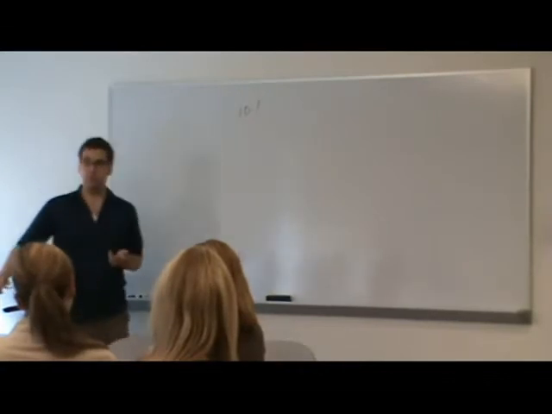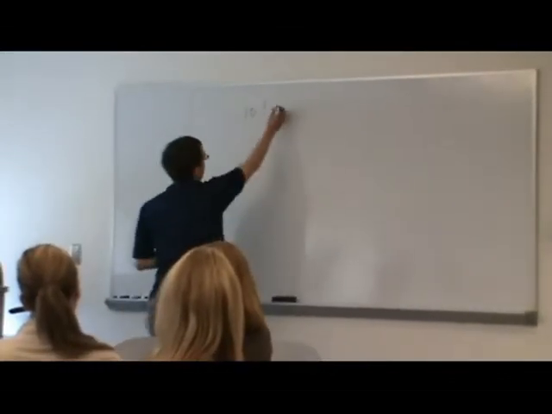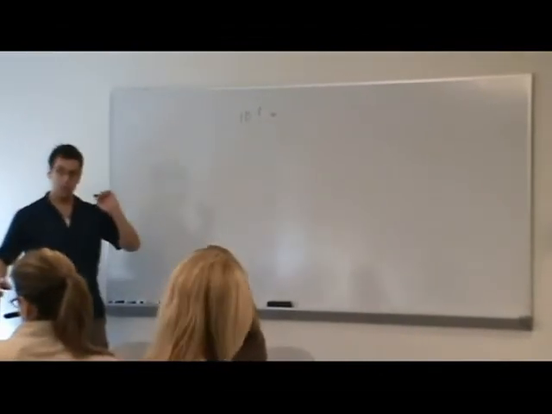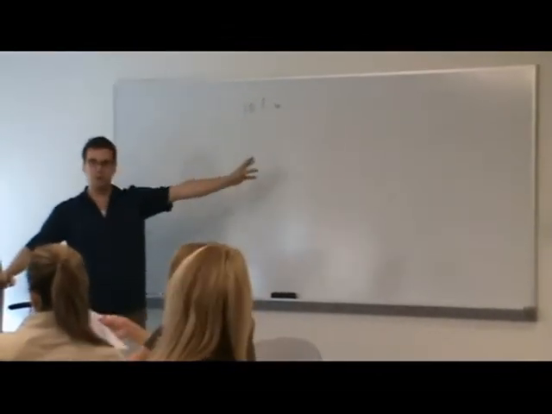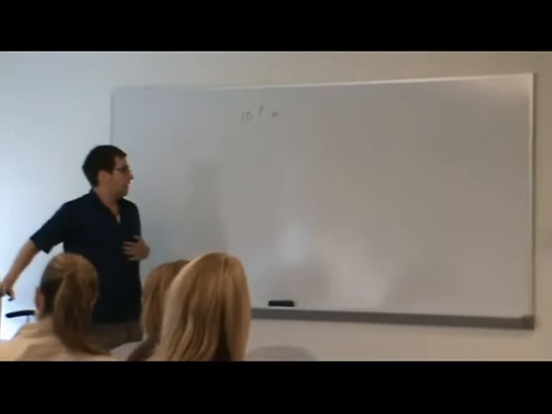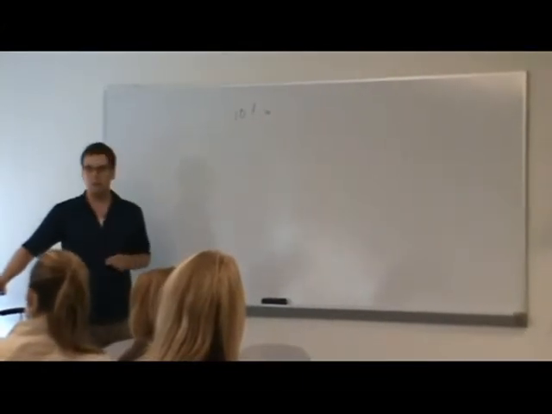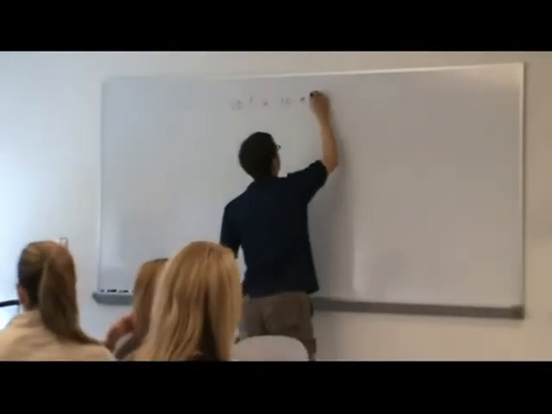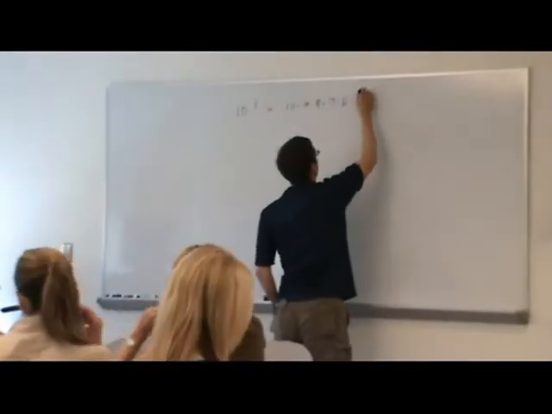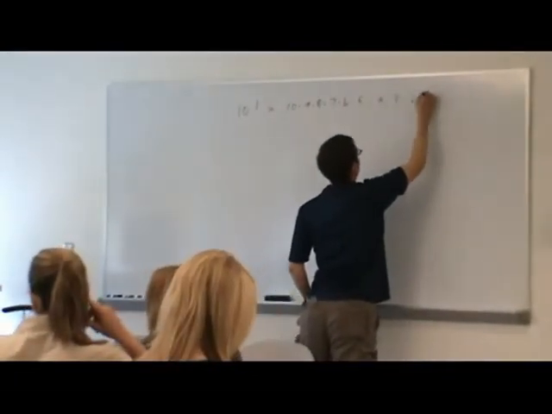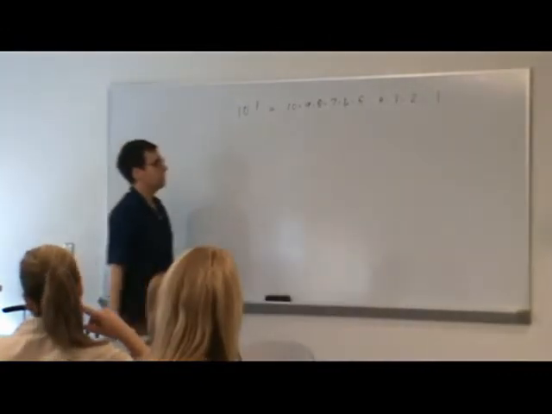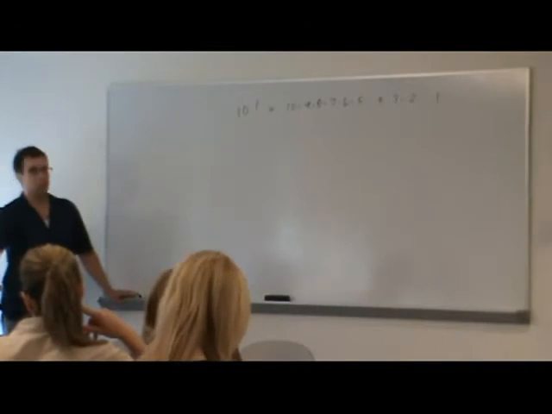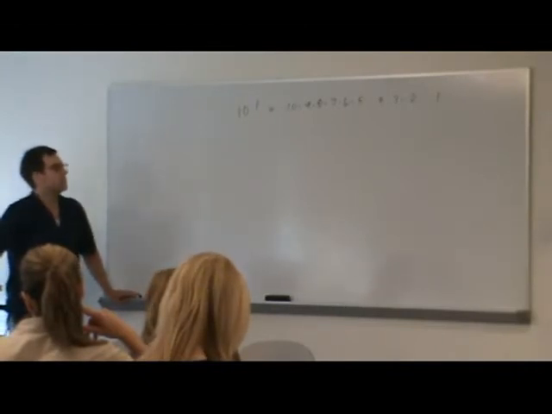That refers to the factorial symbol. Factorial means whatever number you have, you just multiply that number times all of the integers between that number and 1. So 10 factorial is 10 times 9 times 8 times 7 times 6 times 5 times 4 times 3 times 2 times 1. And as you can see, factorials get very big very quick. You're multiplying a lot of numbers together.